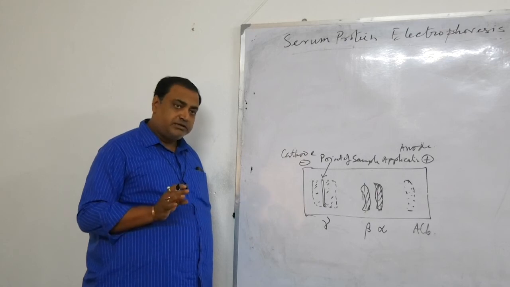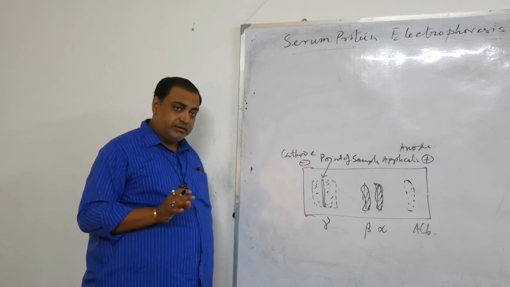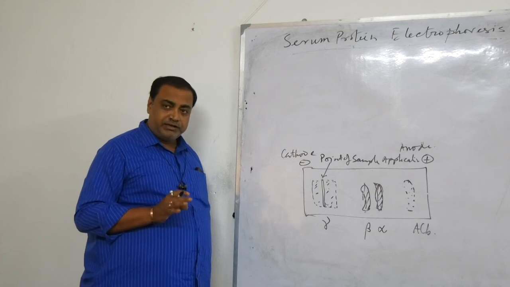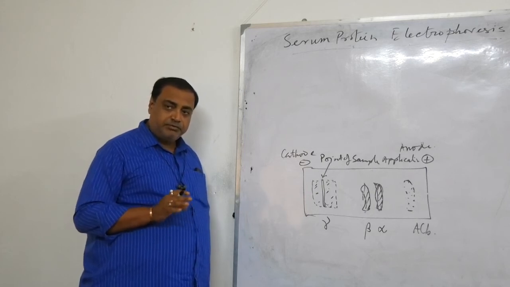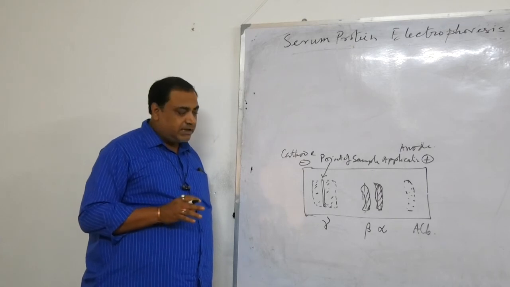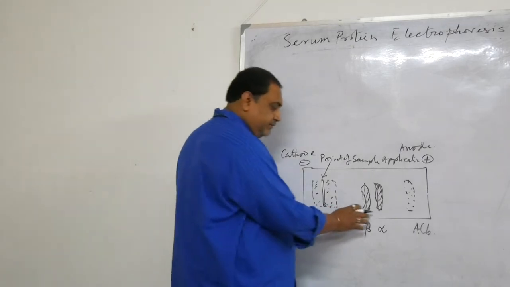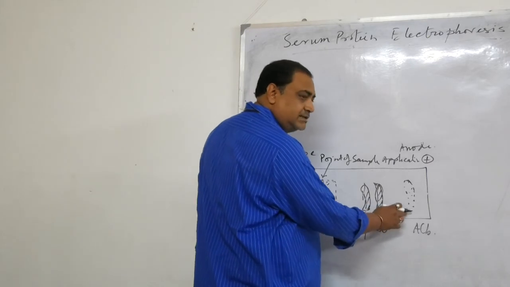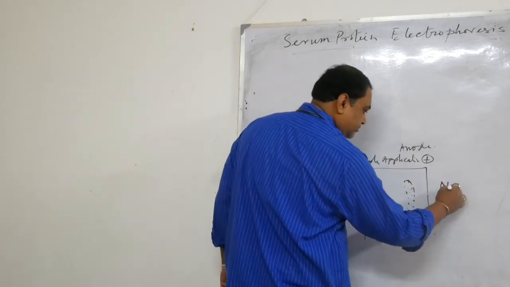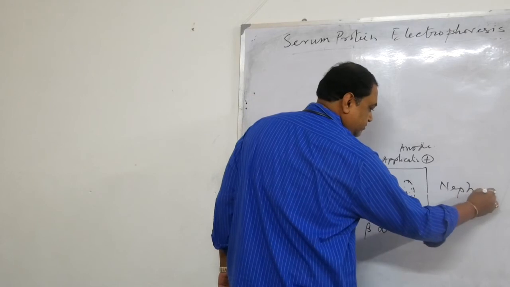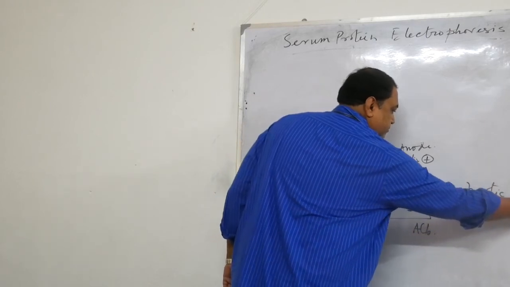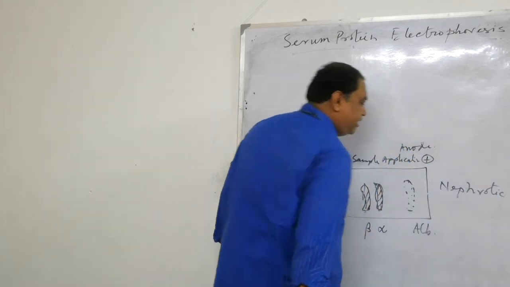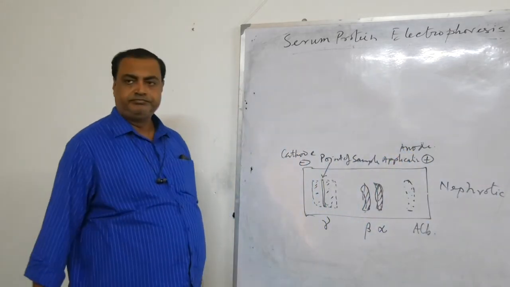Reduced production? Alright. Had the affected organ been the liver, the alpha and beta globulins would also be produced less. So in that case, if they are normal and this is less, this is due to nephrotic syndrome. Fine.